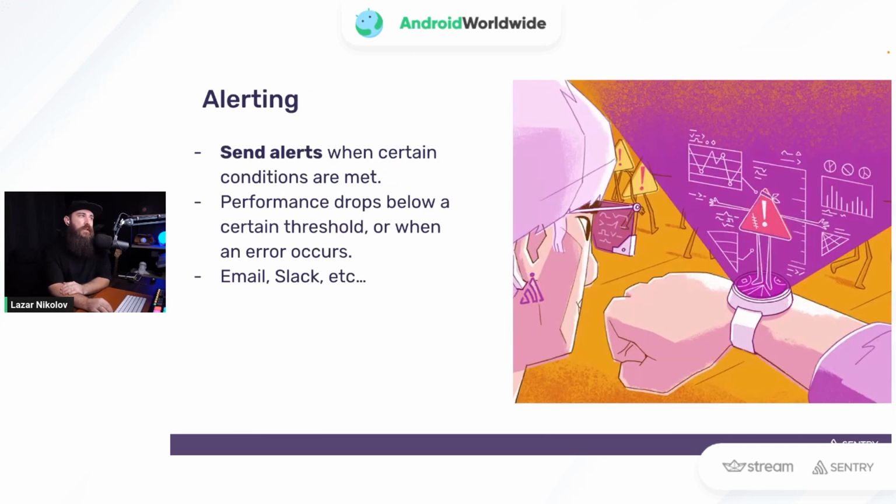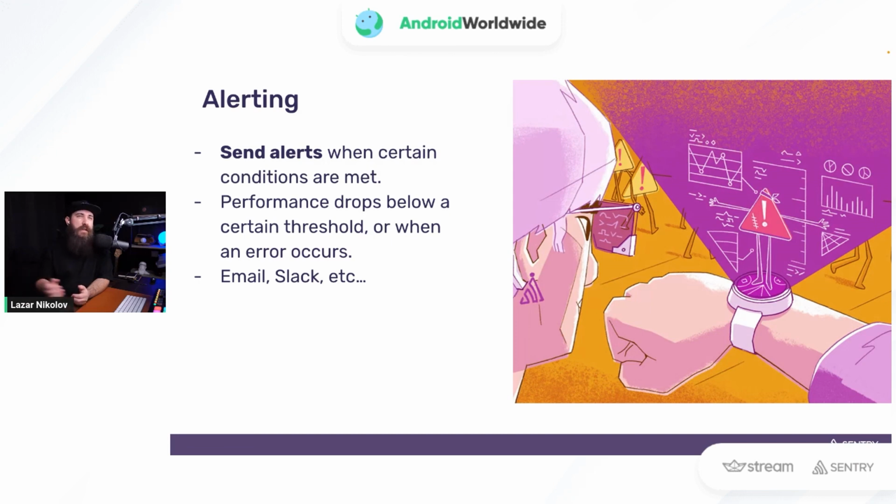And we got alerting, and to basically tie all of this together, the issues and performance monitoring, you have alerting. So you can create custom alerts when certain conditions are met. For example, a specific issue happened, or the performance of the app drops below a certain threshold.